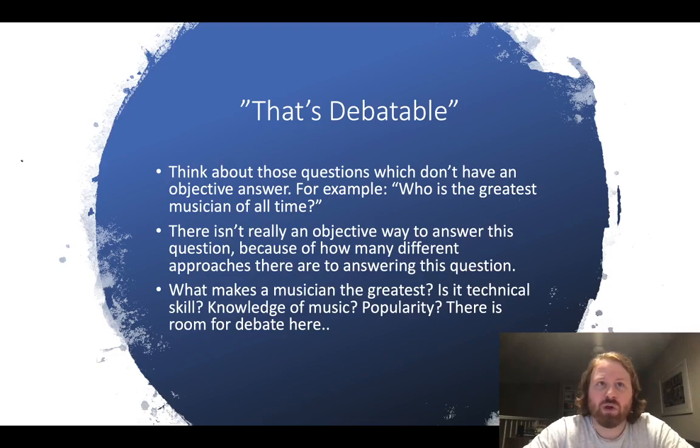There's so many different ways to approach this question, and then we can divide the question up into like, okay, well, who's the best in the genre of rap, right? Or who's the best rock and roll artist or something, right? There's so many different aspects to a debate or a question like this that this is where rhetoric comes into play.